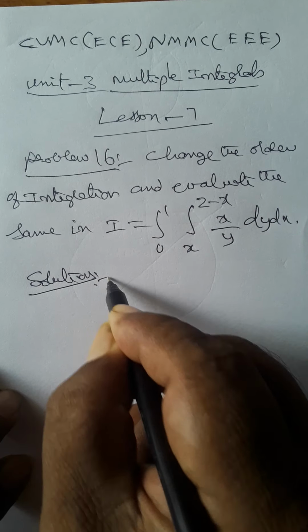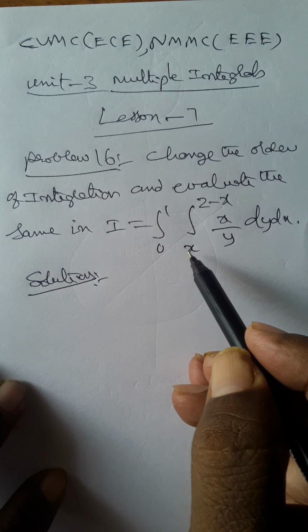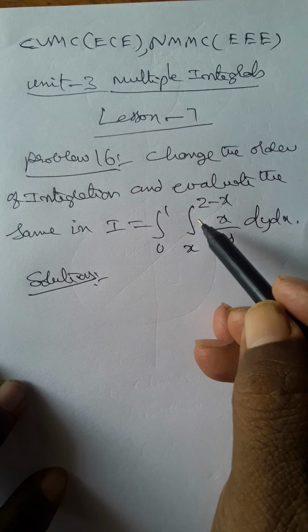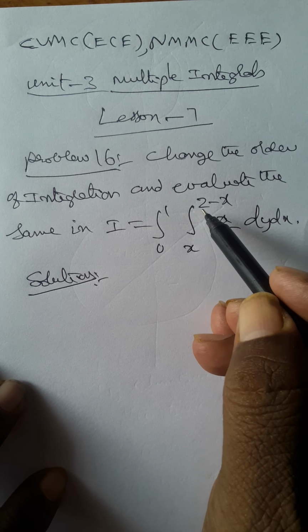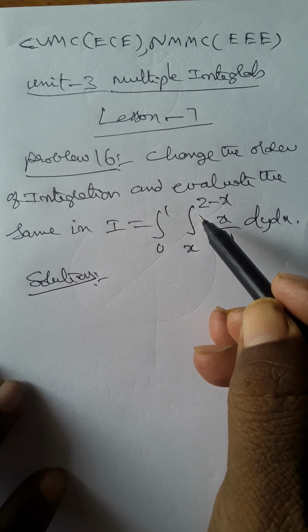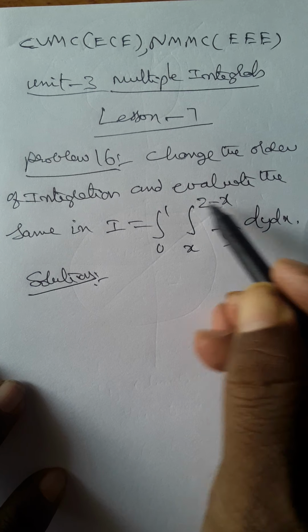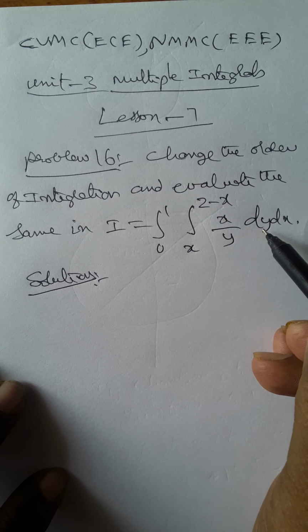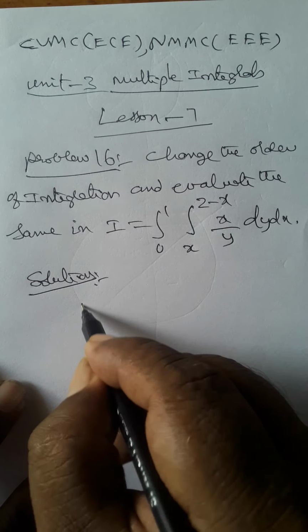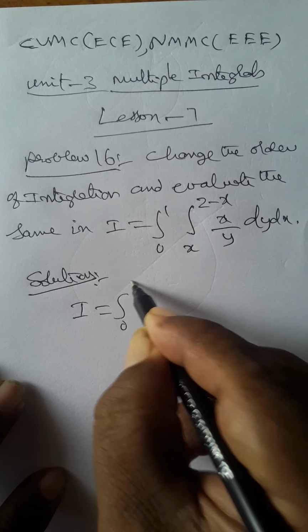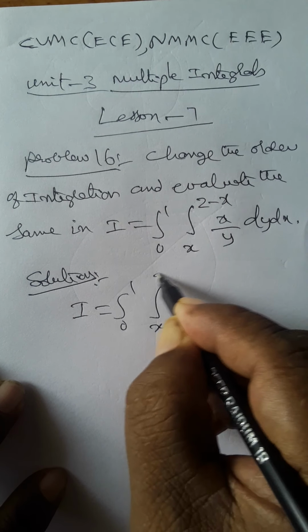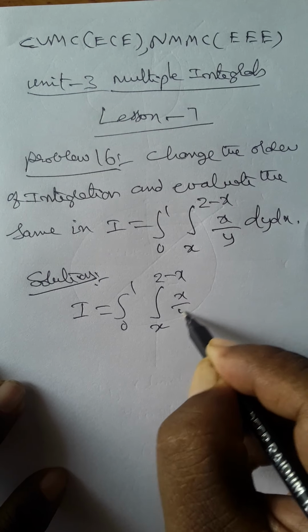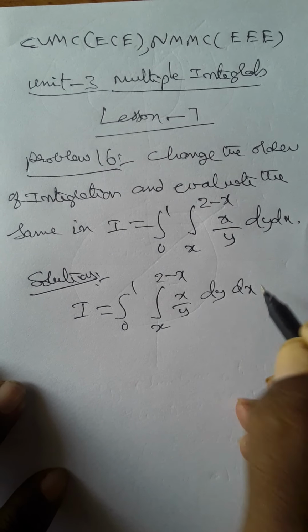Solution. Here we have to integrate first with respect to y, dy first and then dx. So this is the correct order, so write this order as it is: x by y dy dx.